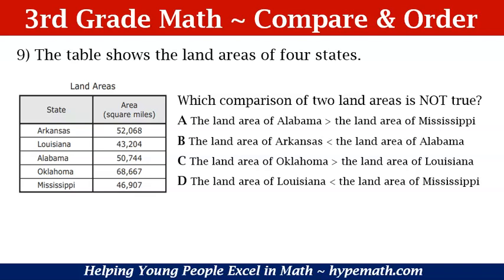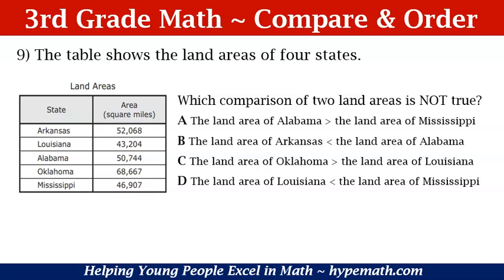B, the land area of Arkansas is less than the land area of Alabama. C, the land area of Oklahoma is less than the land area of Louisiana. D, the land area of Louisiana is less than the land area of Mississippi.